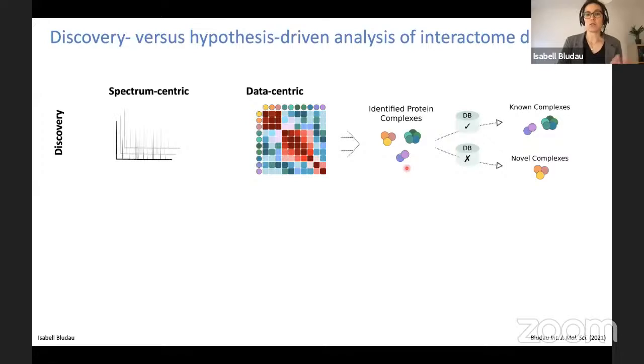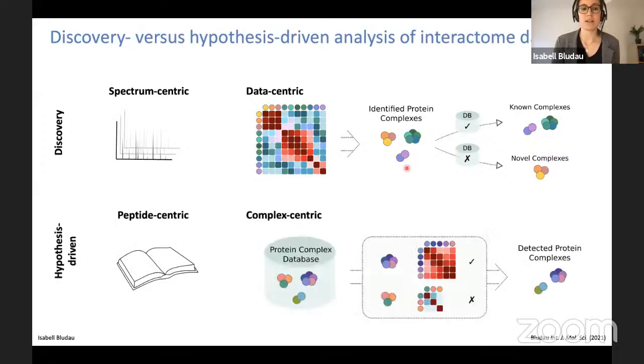However, we can also look at the interactome data from a hypothesis-driven direction. Here we can first look again at the peptide-centric analysis approach in DIA, where we start from a spectral library, where we have all the information about our peptides of interest and the fragment ions that we want to look for. We then go into the data and try to find evidence for these peptides.